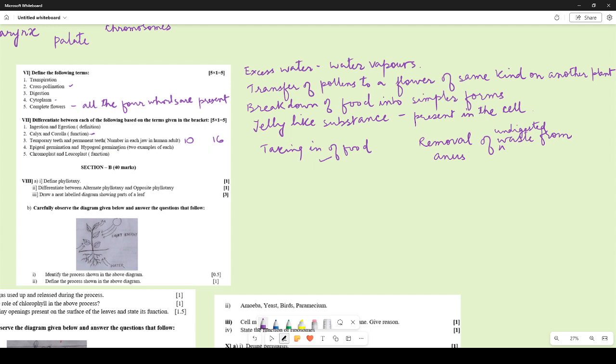Epigeal and hypogeal germination. 2 examples of each. So over here you have to write 2 examples. Where does epigeal germination take place? Where does hypogeal germination take place? Or I think it was changed in this paper. It was written 2 examples.